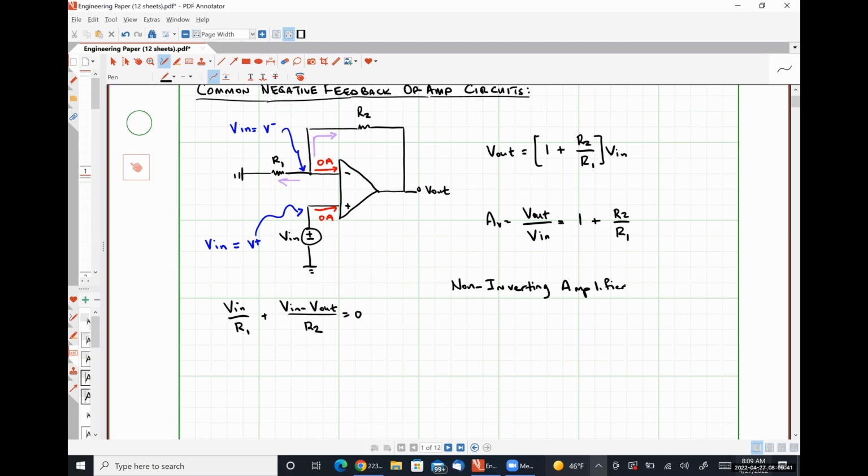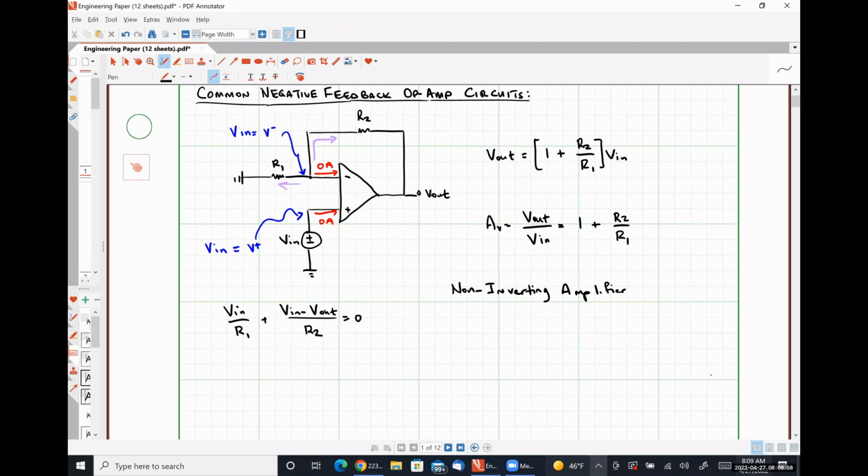And the second of which is because the output voltage has the same polarity as the input voltage. So if you put a positive voltage as your input voltage, you get a positive voltage at the output. The amplifier that we are about to look at has the opposite relationship. So before we move along from this guy, does anybody have any questions, comments, or concerns regarding the derivation of anything that we've done here?